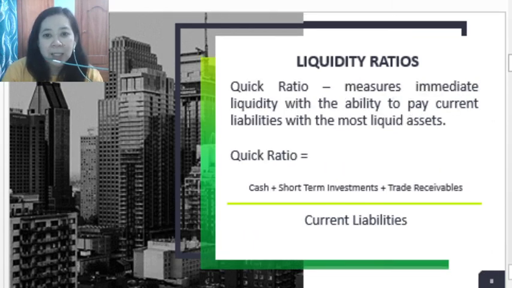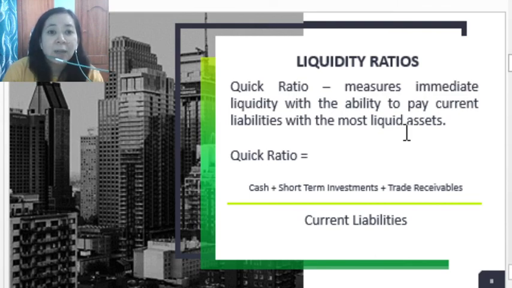The next ratio under liquidity ratios is what we call the quick ratio. The quick ratio also measures immediate liquidity, the ability to pay the current liabilities with the most liquid assets. Basically, when we compare the current ratio and quick ratio, they are just the same.